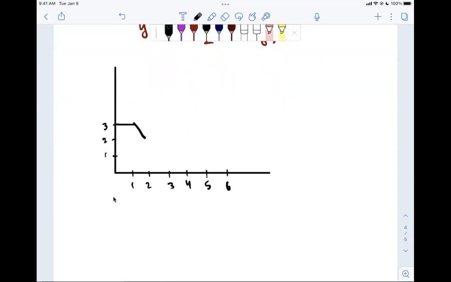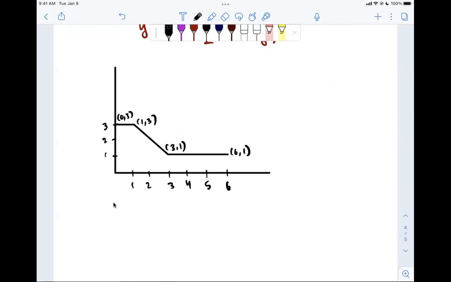Then it's going to go down to (3, 1). And you can assume all pieces of the graph are linear. And then it's going to go horizontally until (6, 1). So the points on the graph here are (0, 3), (1, 3), (3, 1), and (6, 1).